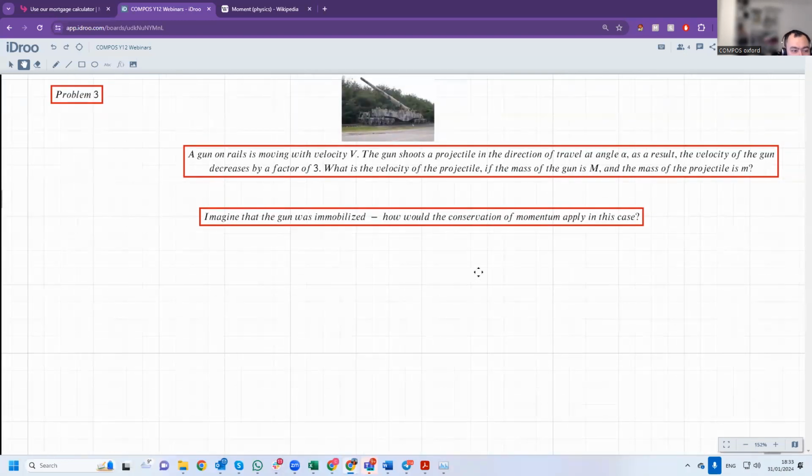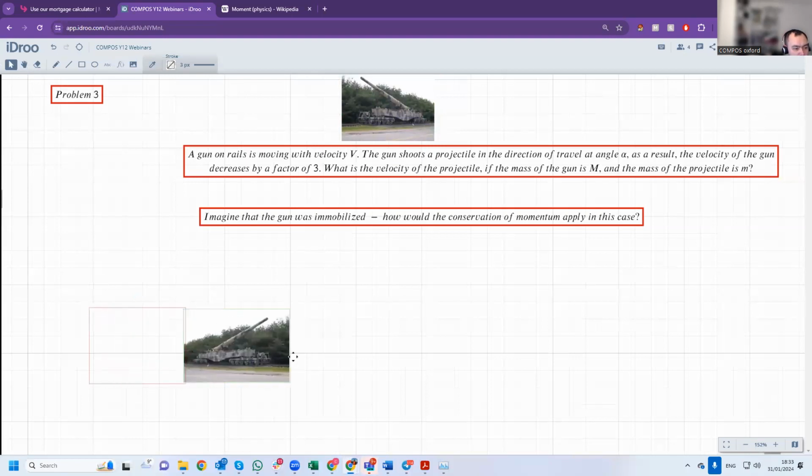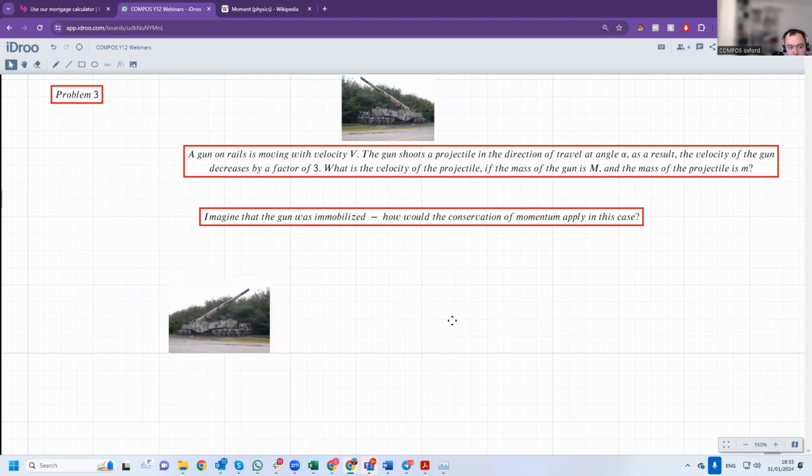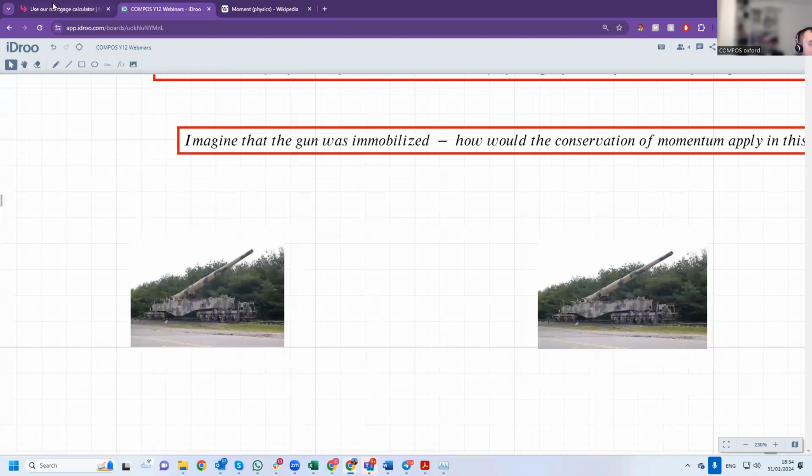So we need to draw the situation beforehand. We need the before scenario and the after.